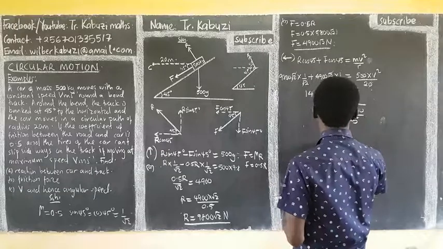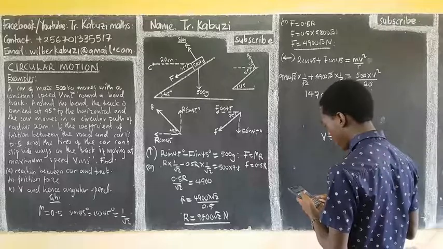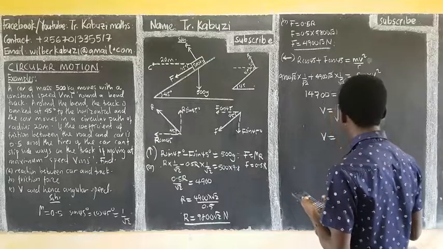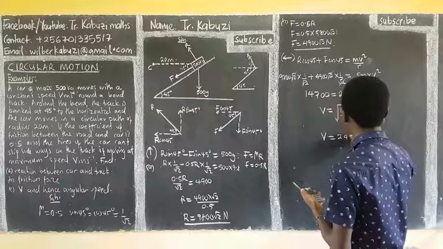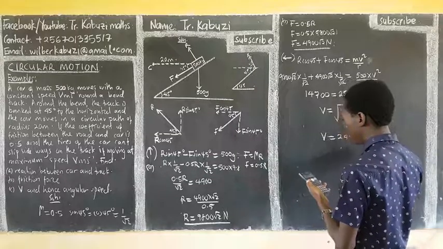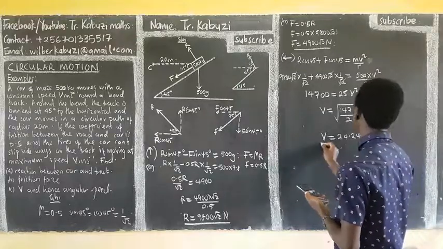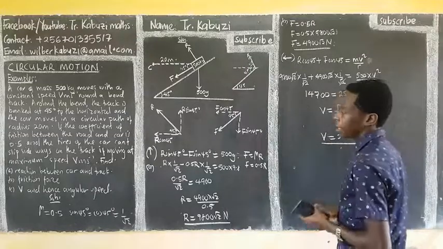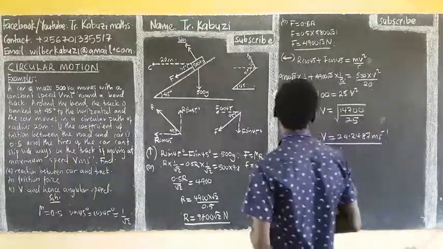So my V here is going to be 24.2487 meters per second, and this is the maximum velocity at which that car is moving.